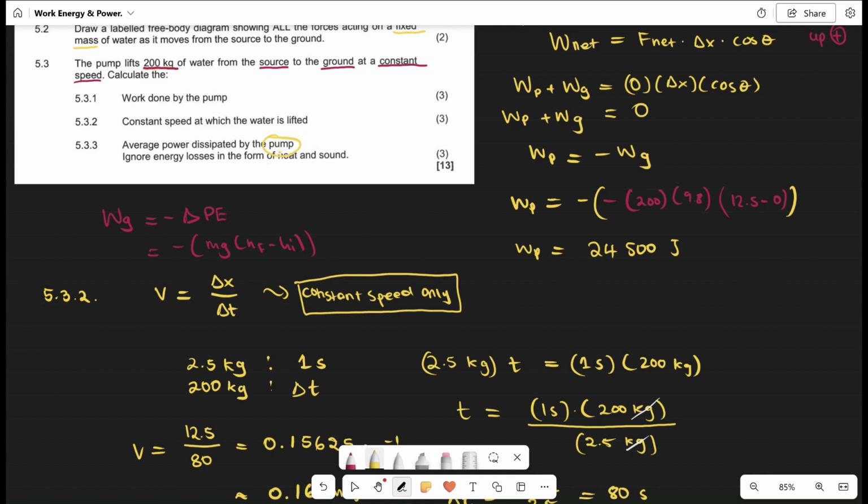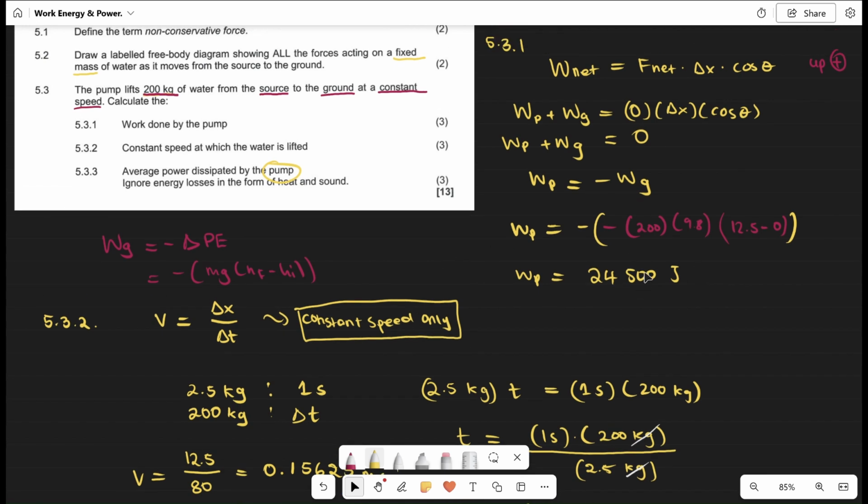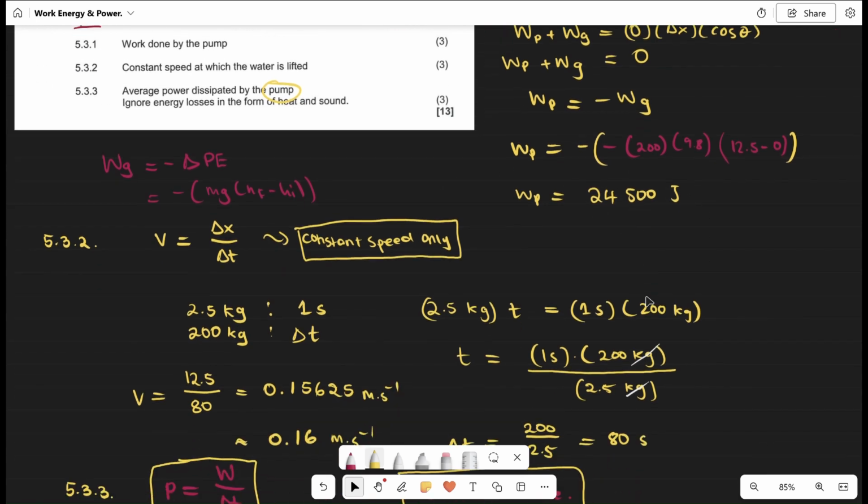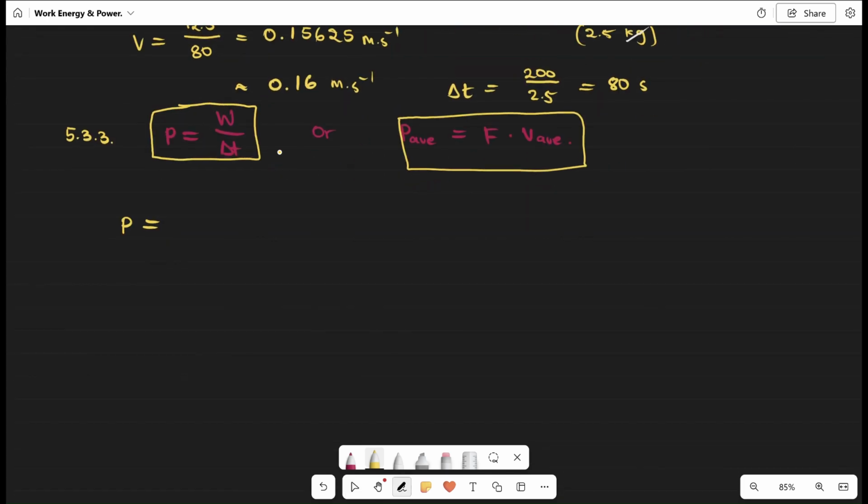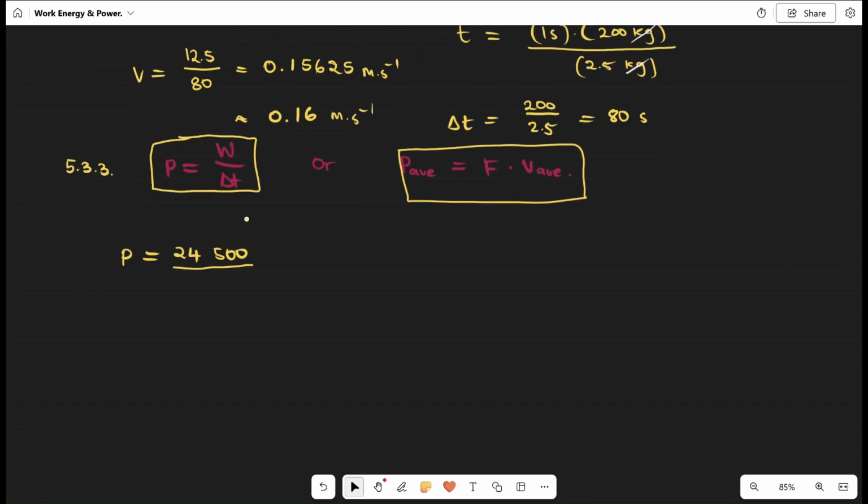So we are only focusing on the force of the pump, or the work done by the pump. We know that the work done is 24,500, divided by the time it takes. How long does it take? It takes 80 seconds. We have already discovered that it takes 80 seconds.